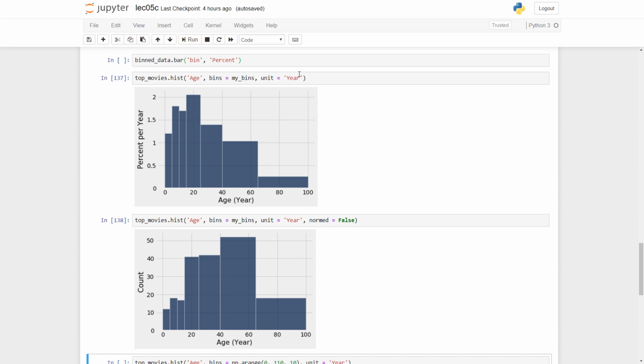How about the x-axis? How about the y-axis? The same. It's the same, because if we are just plotting the count, it will be the same height. But so this is not a bar chart and this is not a histogram. Something in between. Okay?